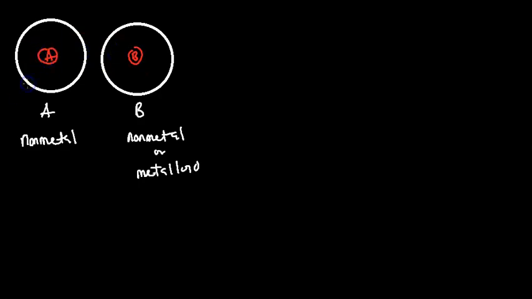Let's say this is a non-metal and this can also be a non-metal. It can also be a metalloid. Let's say this is A and this is B. Here we have positive, and here they are unpaired.